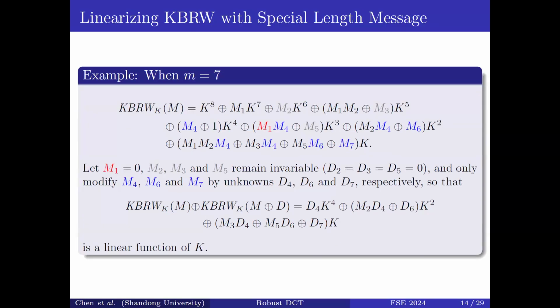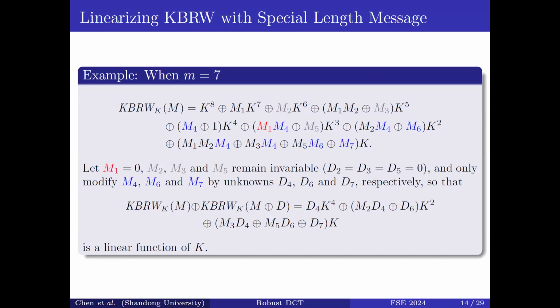Next we consider the case when the message length is 7. We get 7 input message blocks M1 to M7. In order to let M4 be a variable that can be modified by D4, we must let the value of M1 be 0.